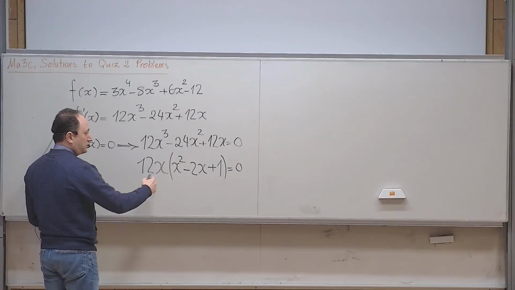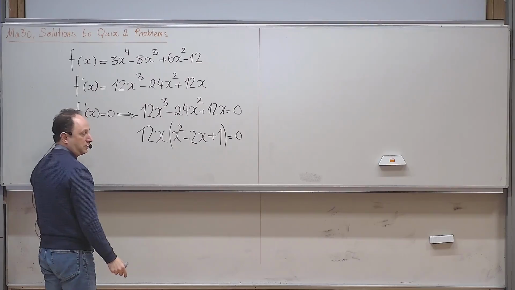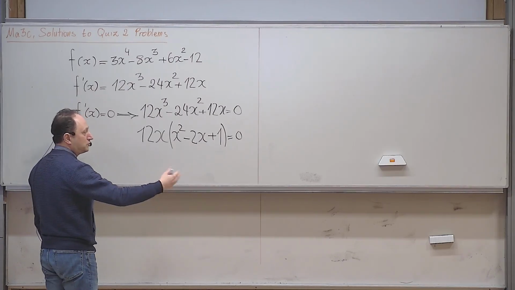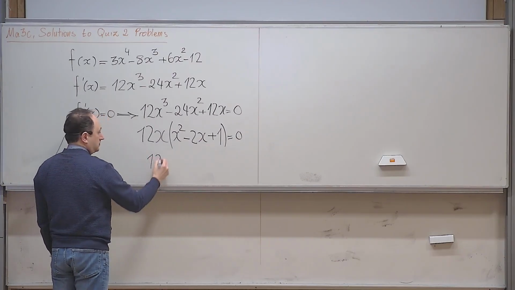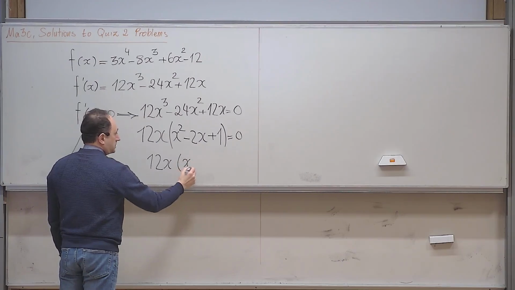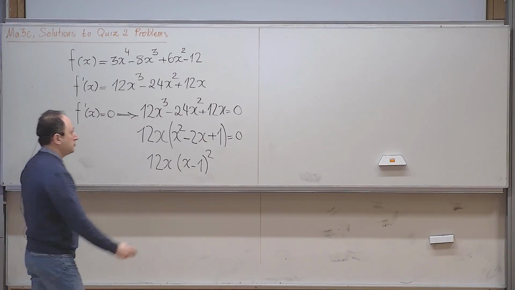I don't think it is hard for you to see this is also a pattern. If you don't realize that, then you have to use the PQ or ABC formula to solve it. But can you see this pattern? It is x minus 1 squared equals 0.